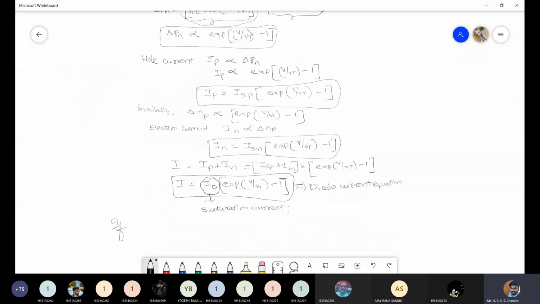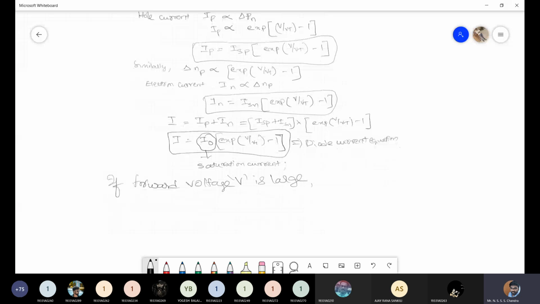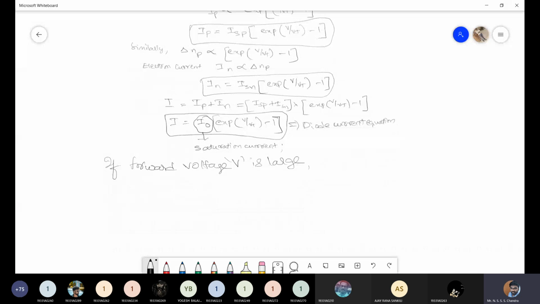If forward voltage V is large, then what happens? Your exponential of V by Vt will be greater than 1.